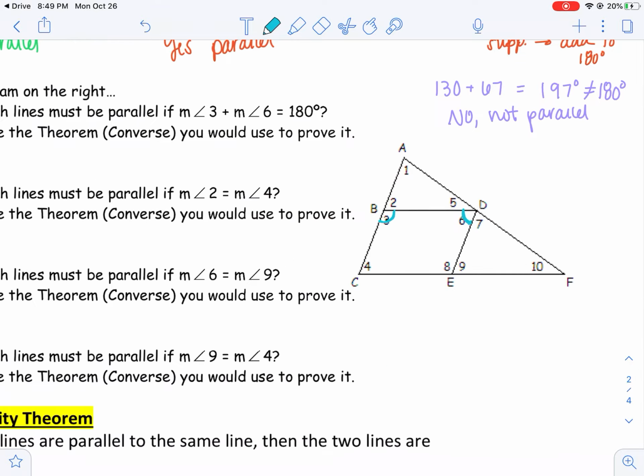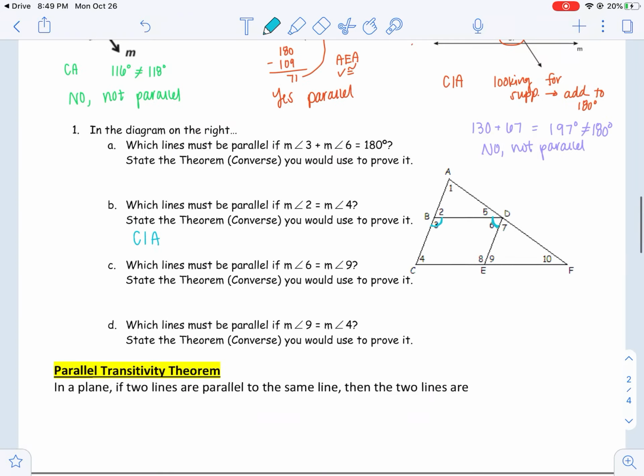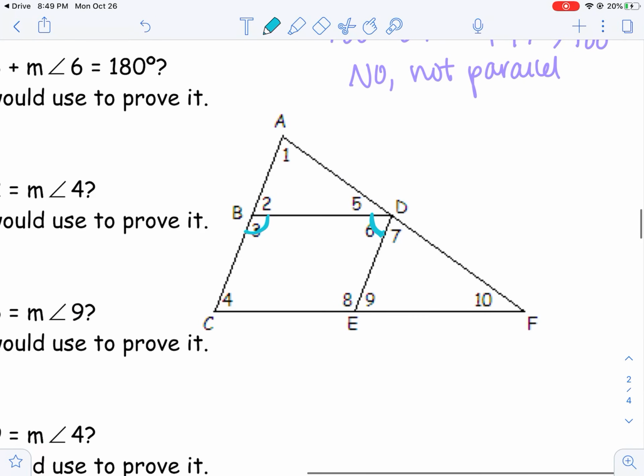So, knowing that they add to 180 means we have to use the consecutive interior angle theorem. So, I need to find where to draw my parallel lines and transversal in order for these to be consecutive interior angles. So, I'm going to look at this guy and this guy to be my lines, whereas this guy is my transversal.